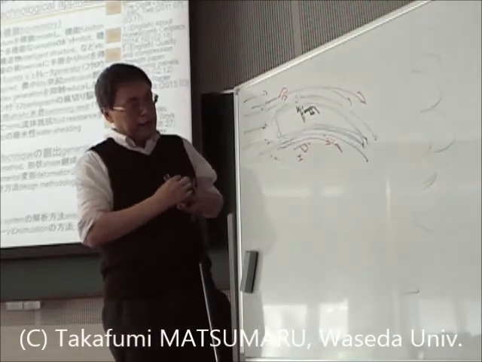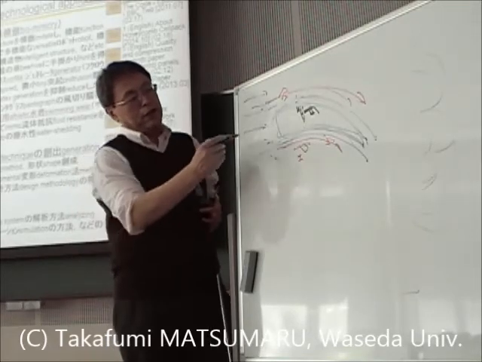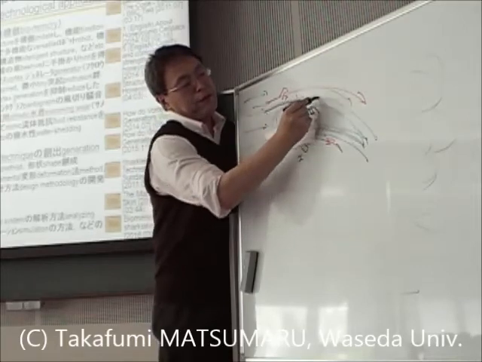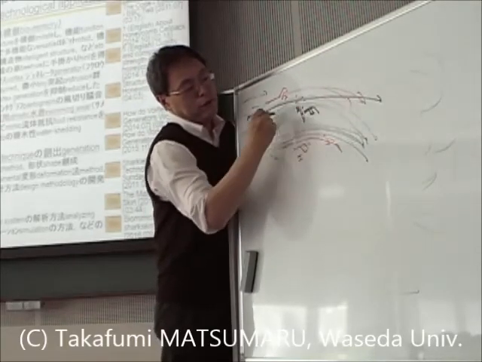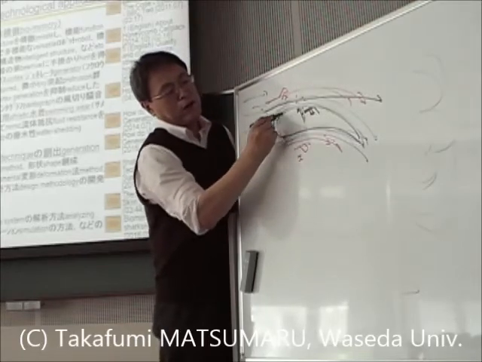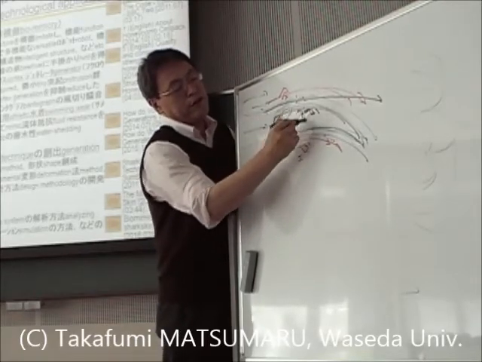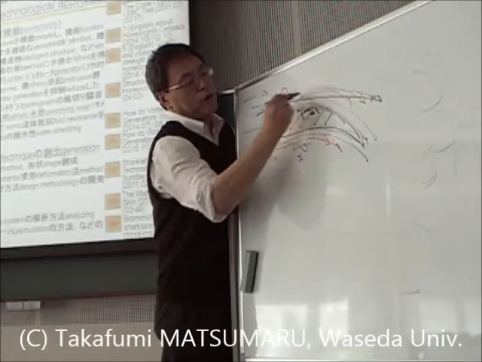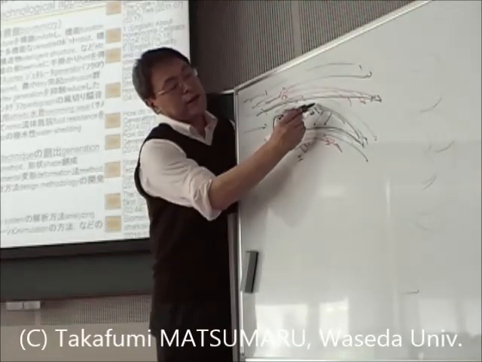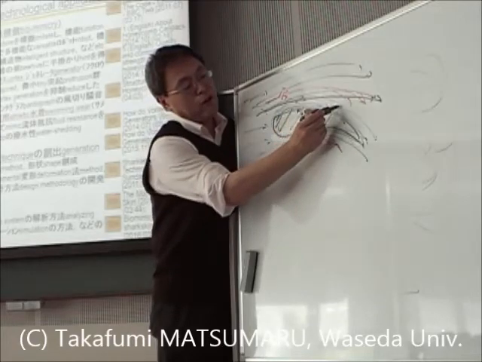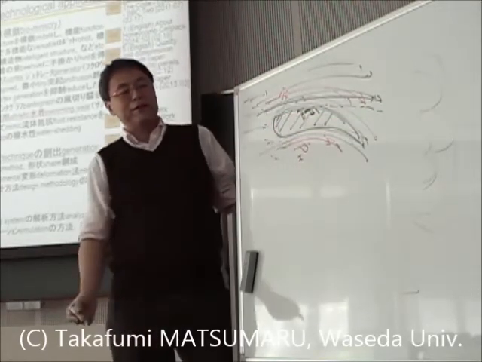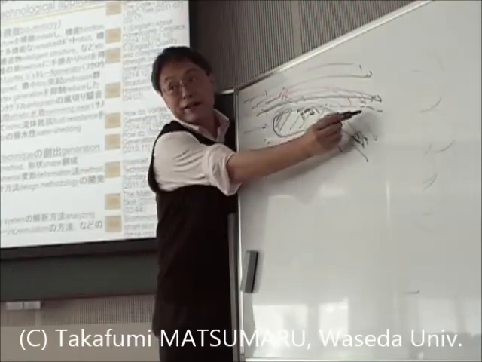But if it has a higher speed, it does not only go along this wing surface, but moves more quickly. So therefore, there is no contacting force, and a boundary layer is there.